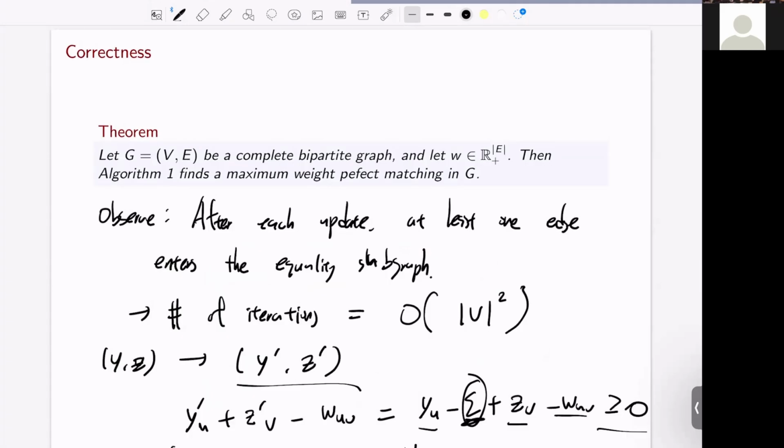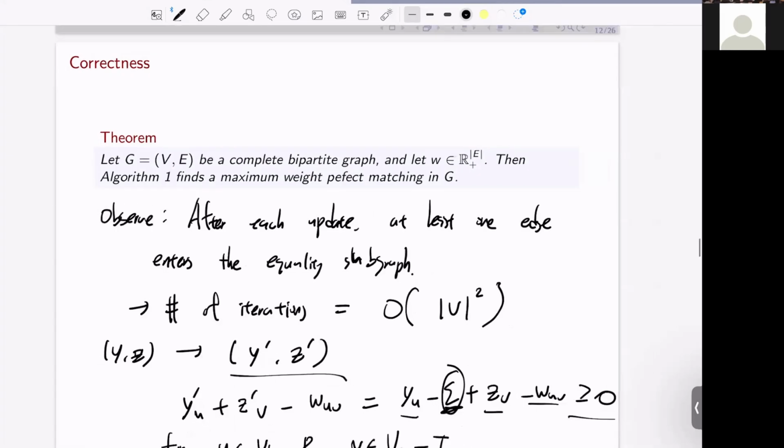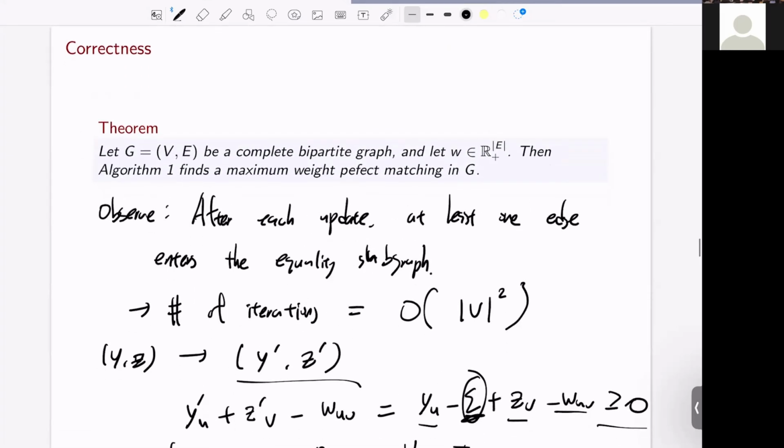And the key point is that one edge will have value 0 after this update, and that will enter the equality subgraph. You also need to argue that the edges that were already part of the equality subgraph will remain the same. But that's left as an exercise. Okay, any questions?